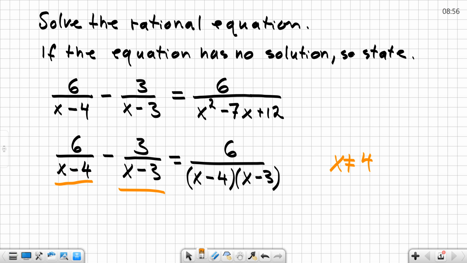On the second denominator, we see that also x cannot be equal to positive 3. Now on the right-hand side, we have the same two factors, x minus 4 and x minus 3, which means that we do not gain any new restrictions.